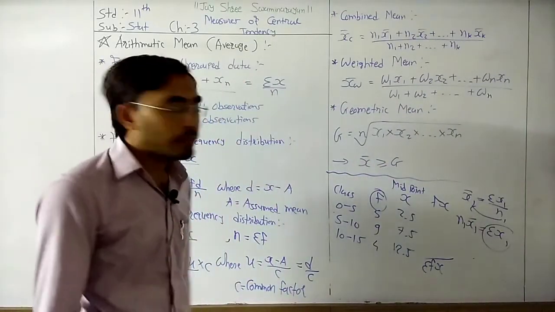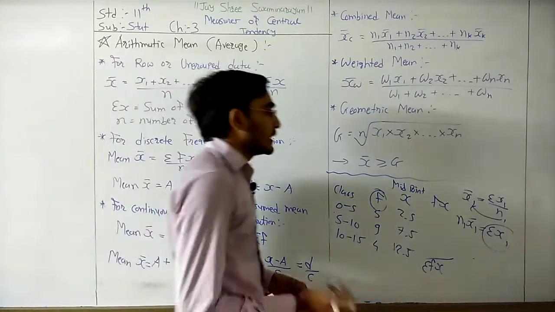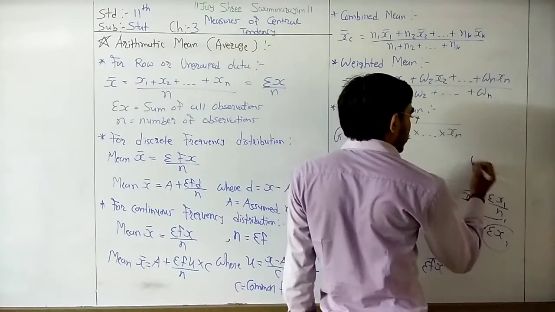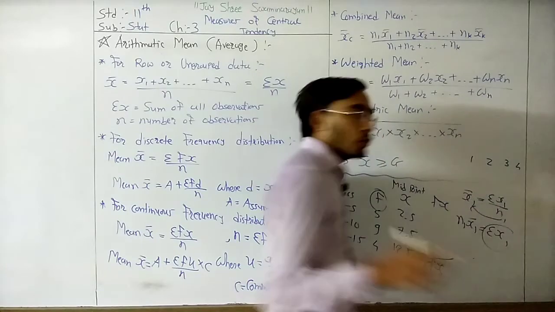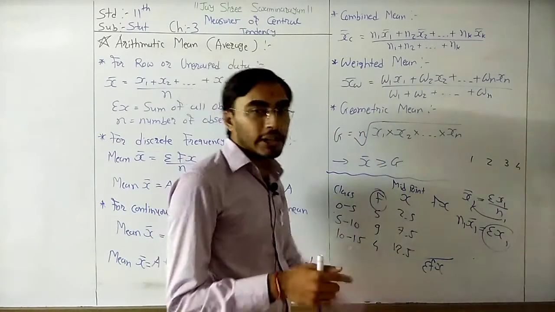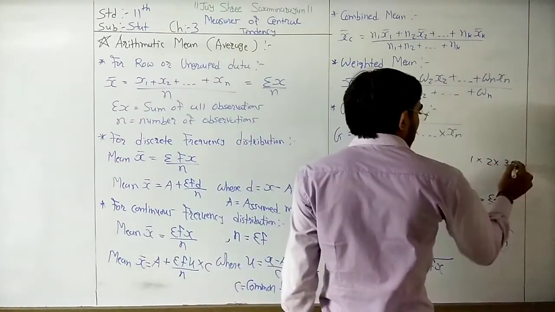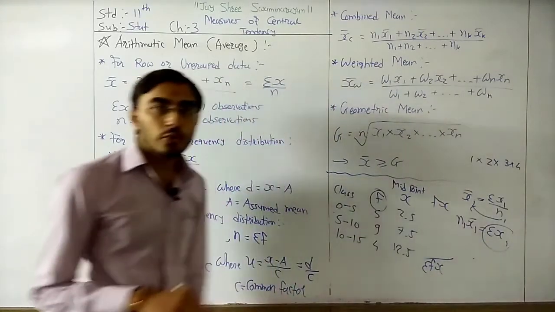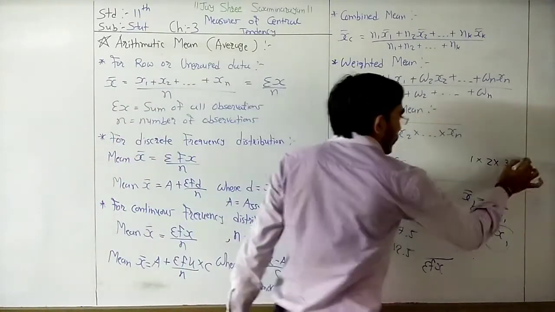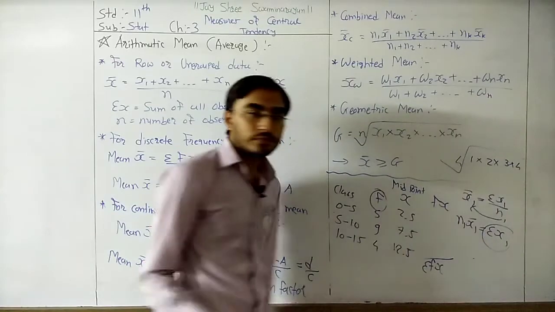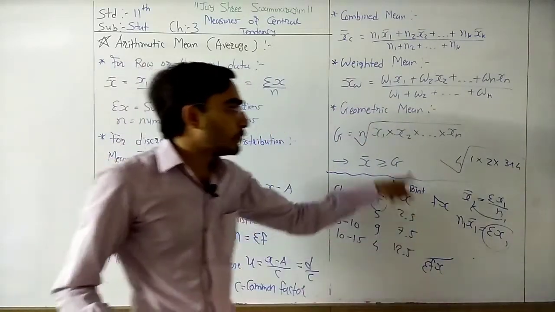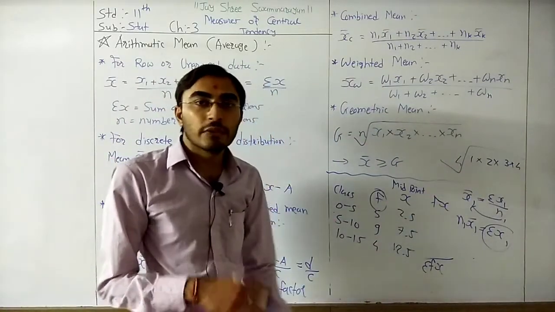That means if you have 4 observations, let's suppose 1, 2, 3, 4, then you need to multiply them. Now how many total observations do you have? 4. So here you need to take the 4th root. Here it is written n. If you have 3 numbers, you need to take the cube root.